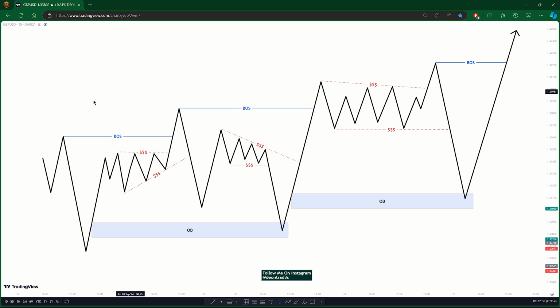Okay, and if you are on your 15-minute chart or 1 hour chart or whatever you use for market structure mapping, if this happens and then you still have a trend line liquidity down here, and if you know how to mark your market structure, you already know that down here there's inducement.